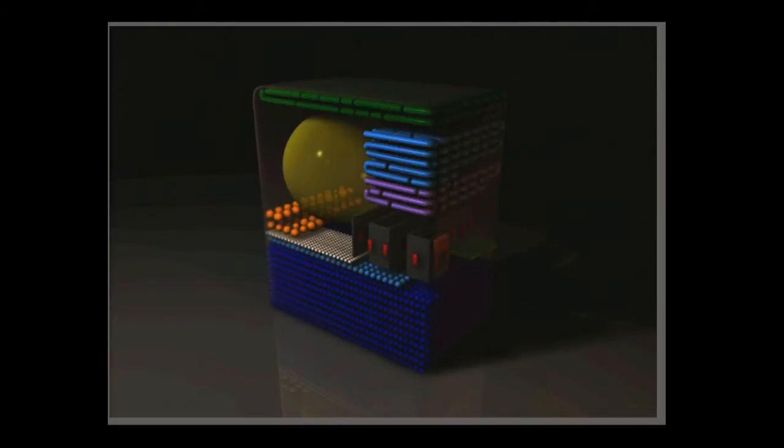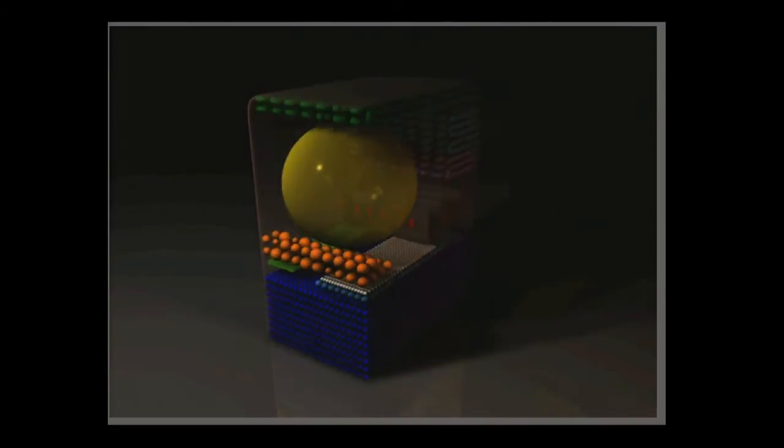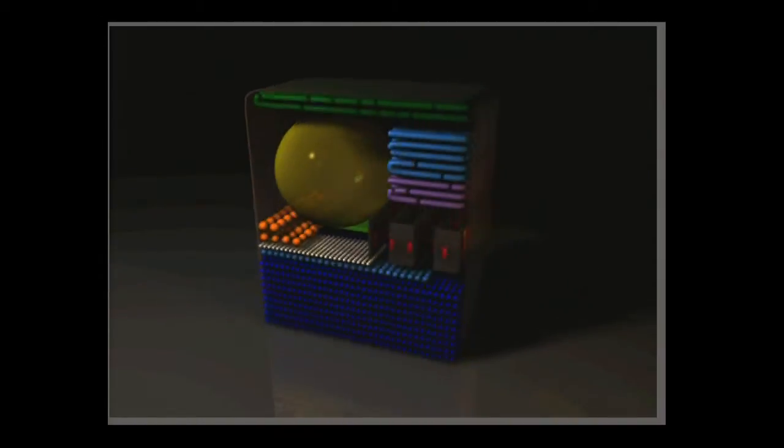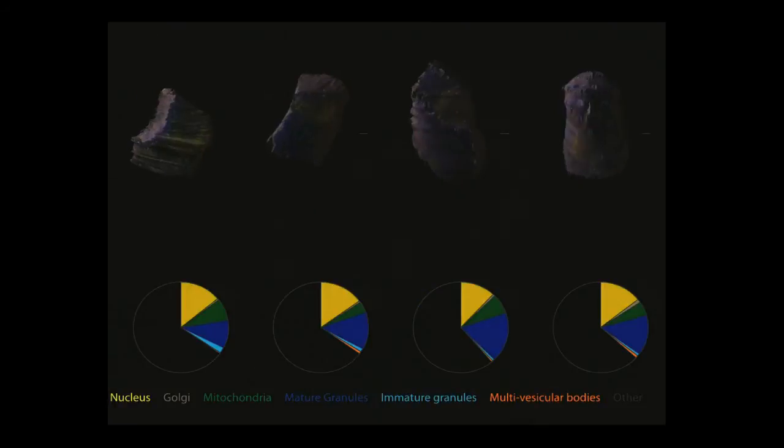And what Graham was able to do was to systematize that so that he maintained the volumes of each of the elements, so that you could see precisely how the components were distributed in different cells.